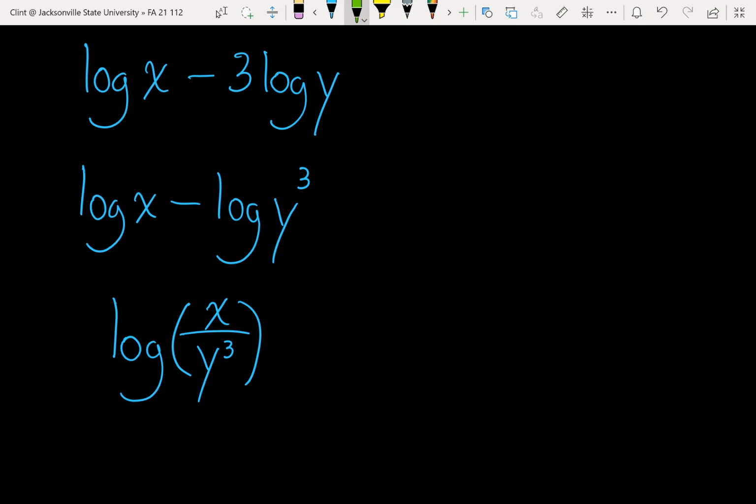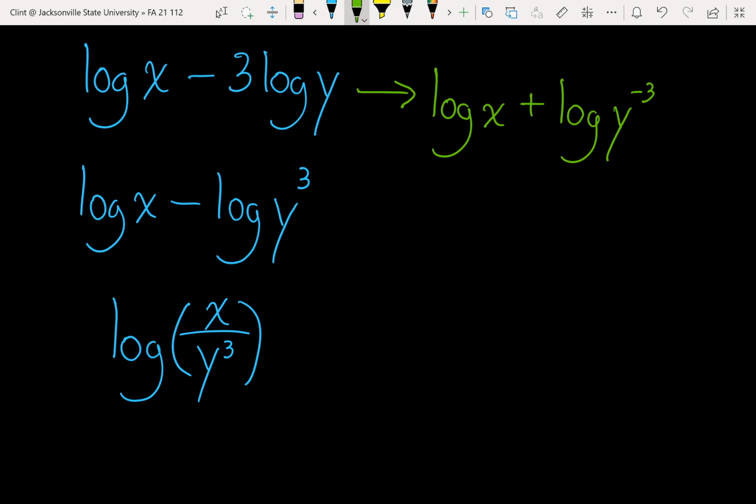What I thought you were going to ask is, could we, well, hang on, from here, if you want to, you could write this one as log of x plus log of y to the negative third.